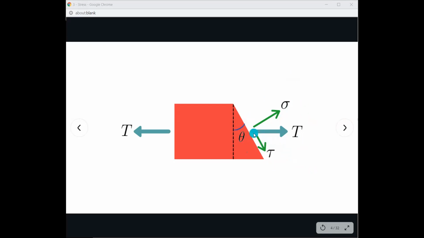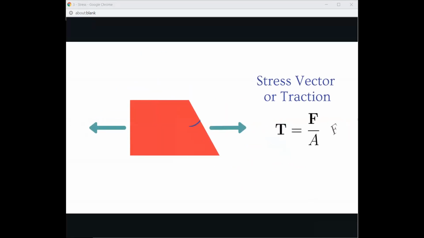But for an area, the stress vector is the traction T. In general, the traction is the total force F divided by the cross-sectional area.